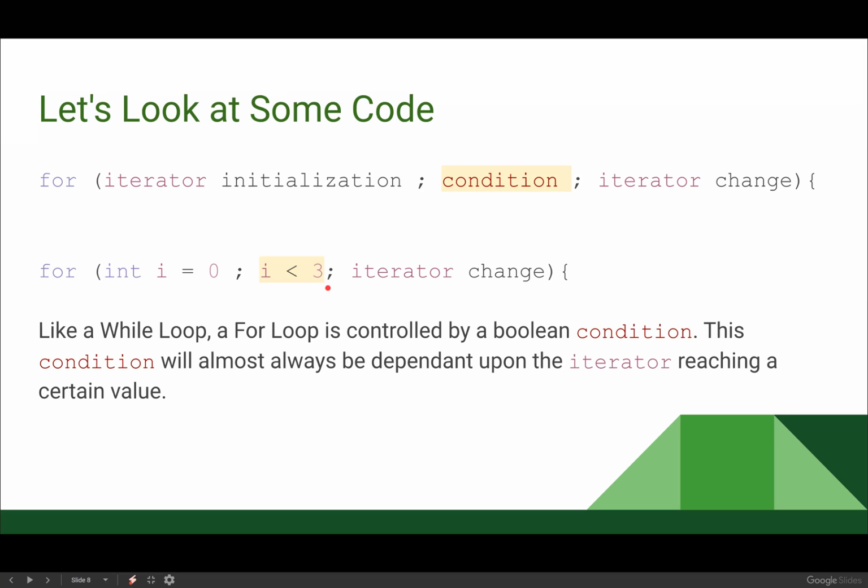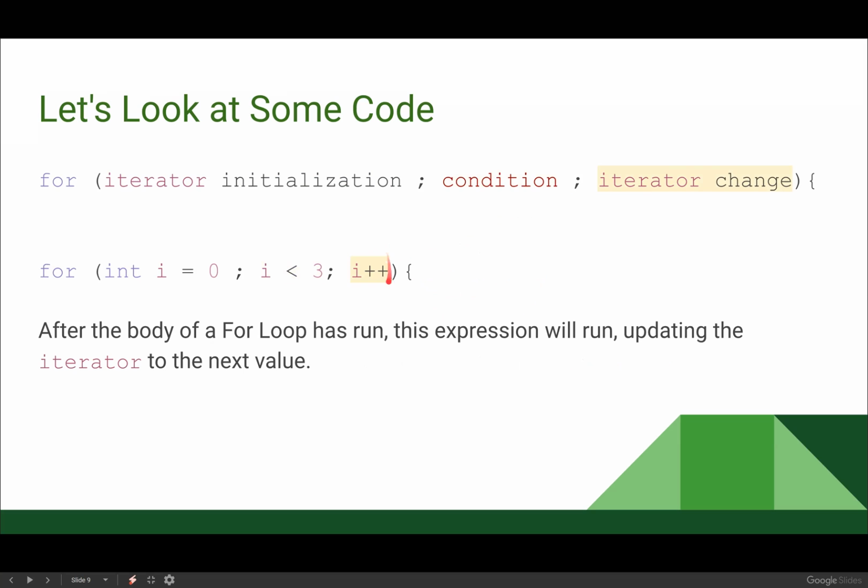This is going to give us control of how many times we're going to run our loop. And then to change our iterator, an example of this might be i++. We're going to add 1 to i each time the loop runs so that we can actually reach that Boolean condition being false.